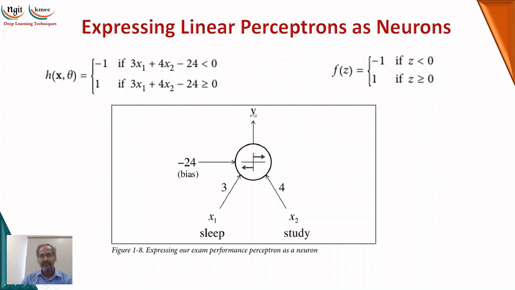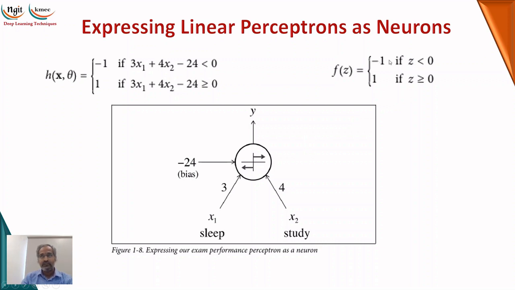Here we may get either minus 1 or 1. If z is less than 0 then it will be minus 1. If z is greater than or equal to 0, then it will be 1. See here, z is 3x1 plus 4x2 minus 24. That is the equation of z.